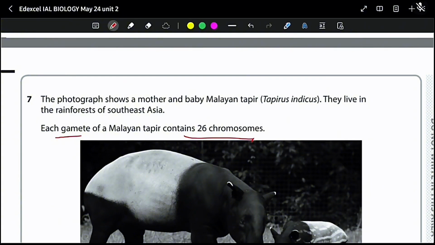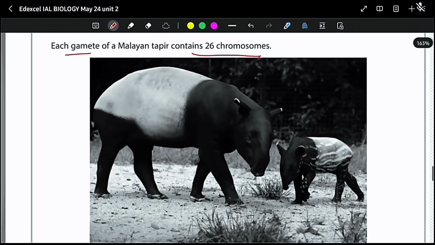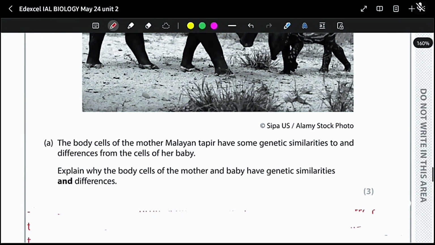And the baby will also inherit the other half, 26 chromosomes, from the father's sperm cell. These chromosomes are genetically different from the mother's chromosomes, so that will lead to genetic variation. So half the chromosomes from the mother have the same or identical characteristics, and half from the father's sperm cell give us the genetic variation.